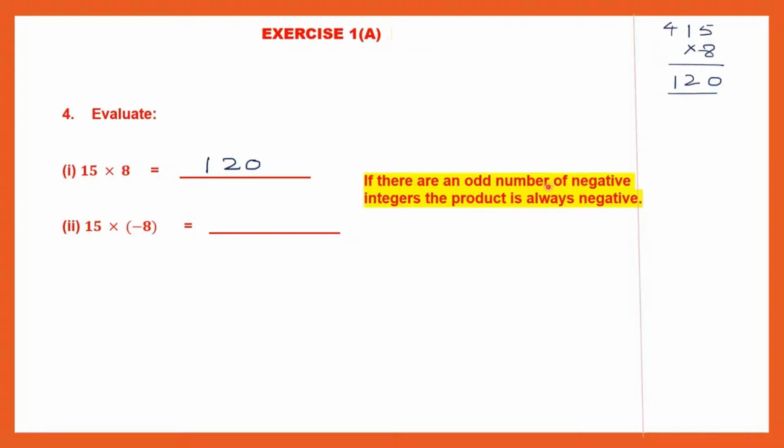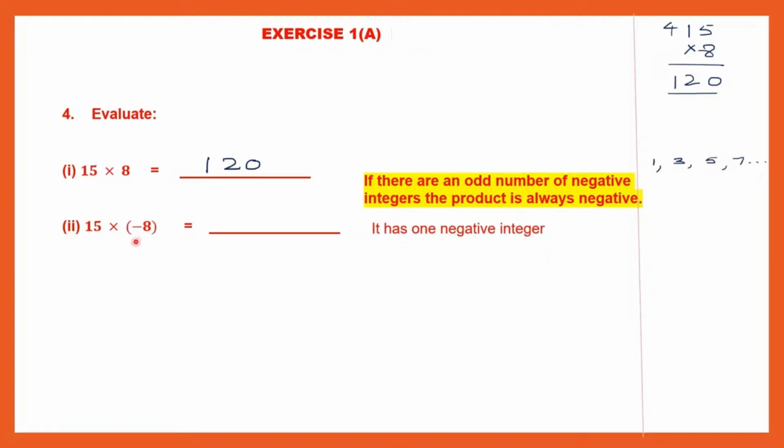So if we have one negative integer or 3 or 5 or 7, and so on, if we have an odd number of negative integers, the answer will always be negative.